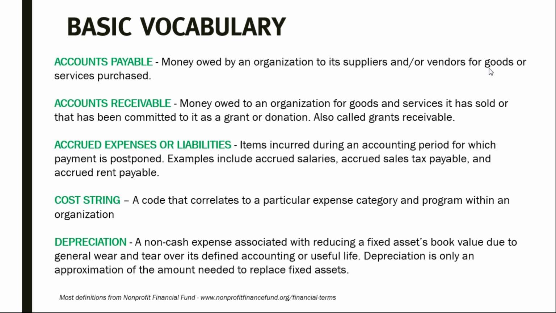The reason that you have a number code is so that you can, in an analysis, pull all of the expenses that correlate to that code and see over any period of time, 1 year, 2 years, 3 years, 5, how much you're spending on that particular category of expense. But if you don't have that cost string, it makes it very hard to go hunting for those individual expenses, right? So it groups them in a helpful way that facilitates analysis.